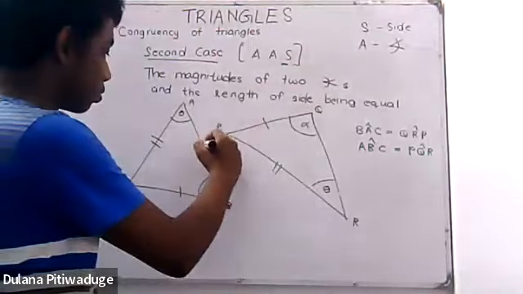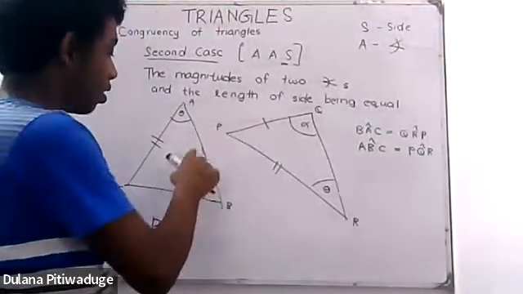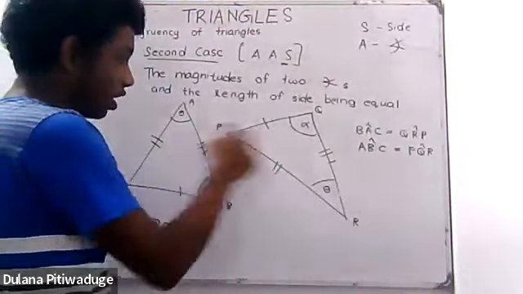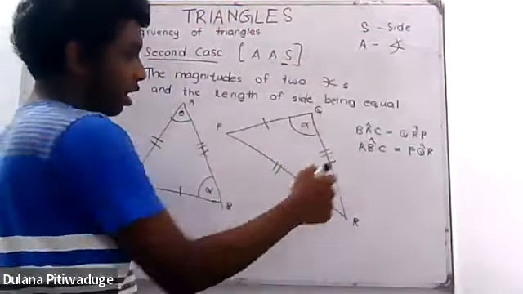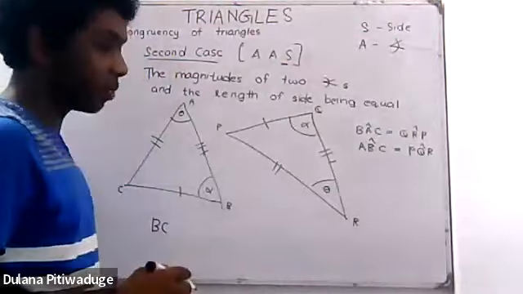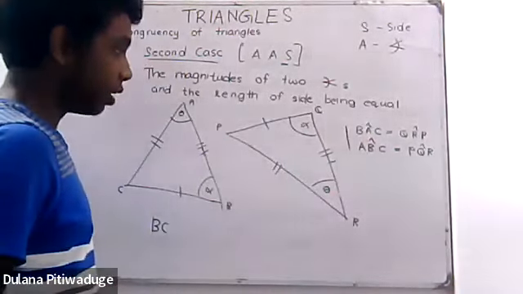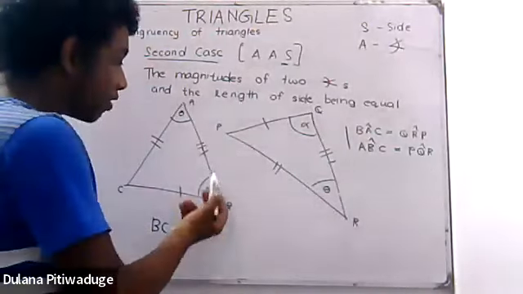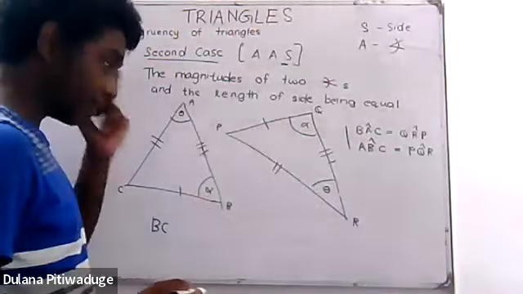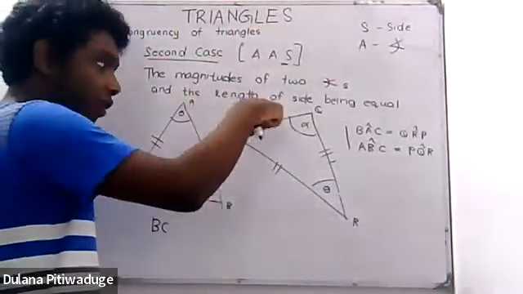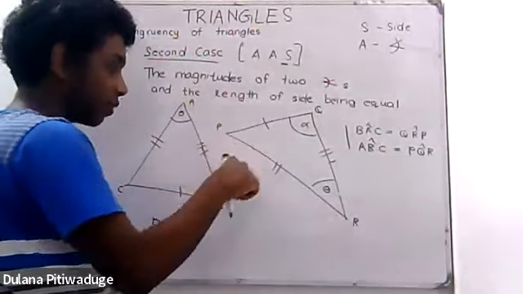Also, if these two are equal, then again these two triangles can be congruent. So, if these two are equal, and if the angle in front of each relevant angle, so if this side is equal to this side, then these two triangles are equal.